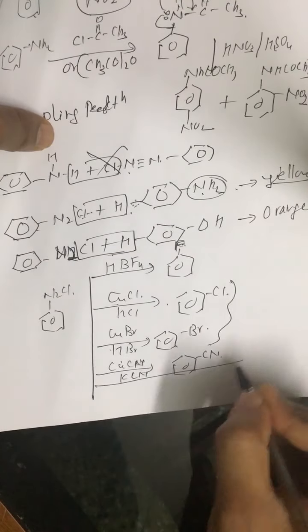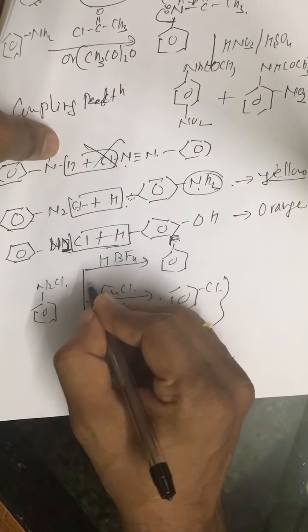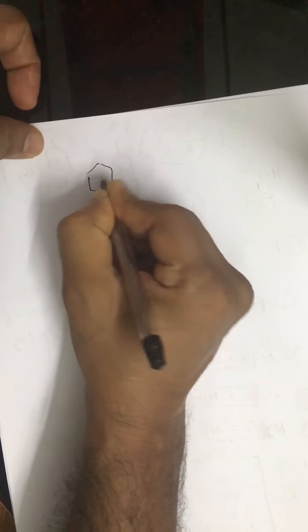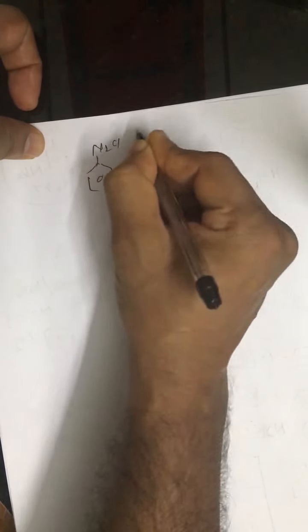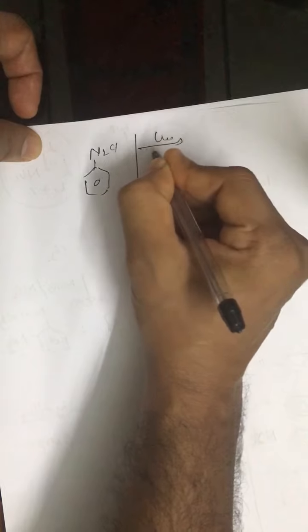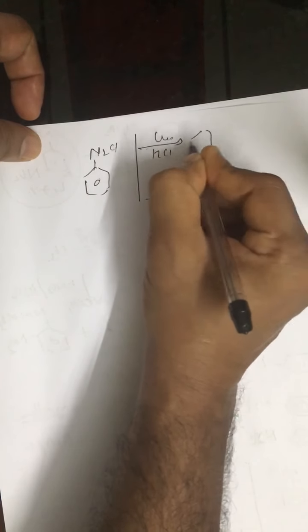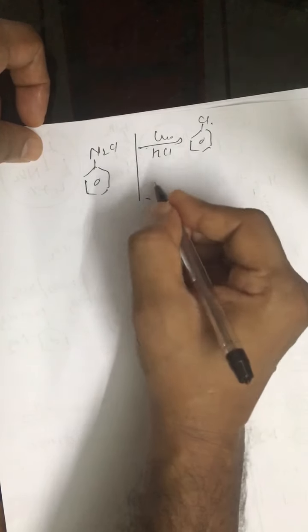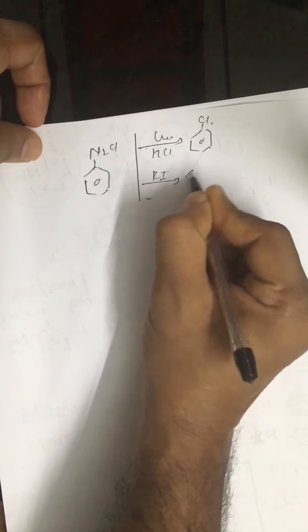Whereas if benzene diazonium chloride is treated with copper powder and HCl, we get chlorobenzene, and this reaction is called the Gattermann reaction. With KI, the product is iodobenzene.